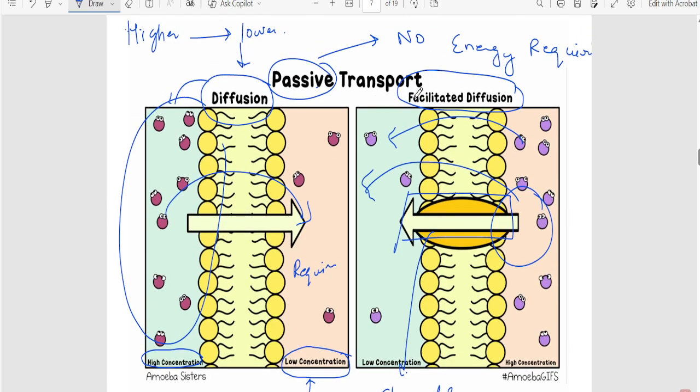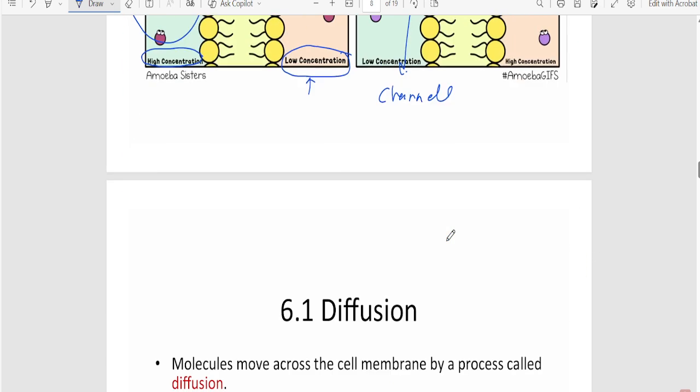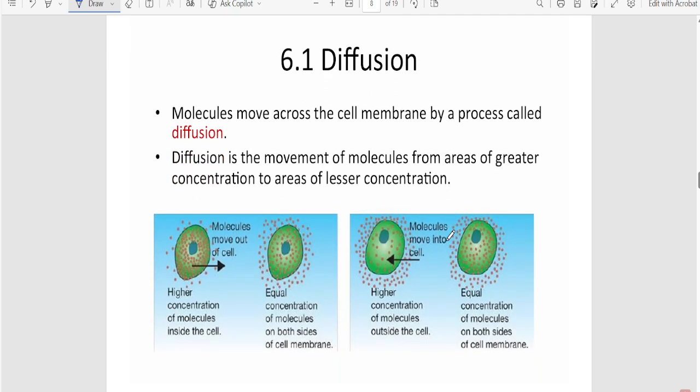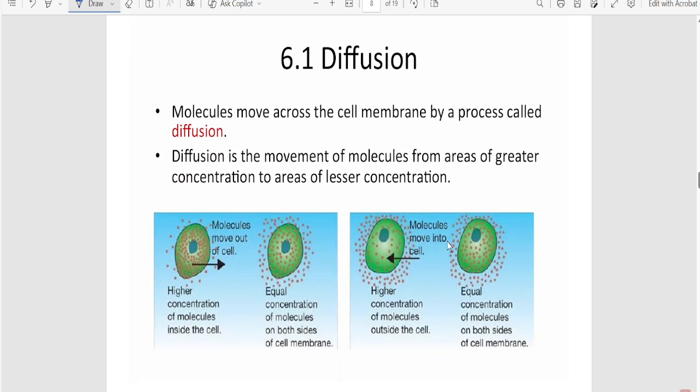This also does not require any energy, because it is moving from higher concentration towards lower. It is called facilitated because the channels are facilitating it.